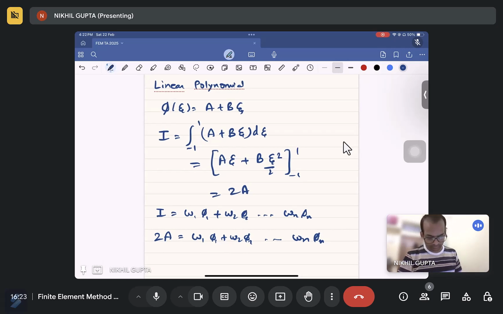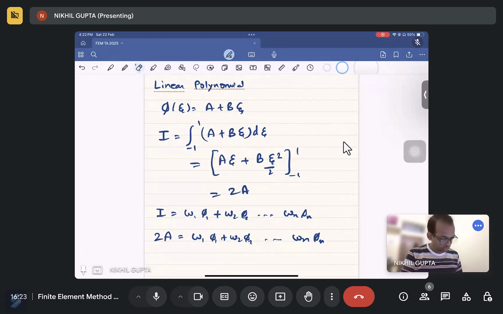So let's use one quadrature point here. Since we are using one quadrature point, we have to do a coefficient matching, w1 phi 1, comparing 2 and 3.